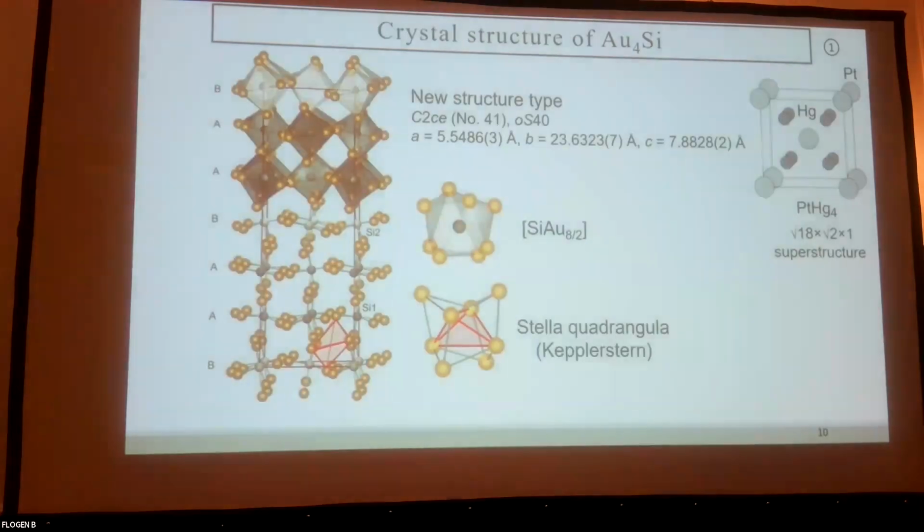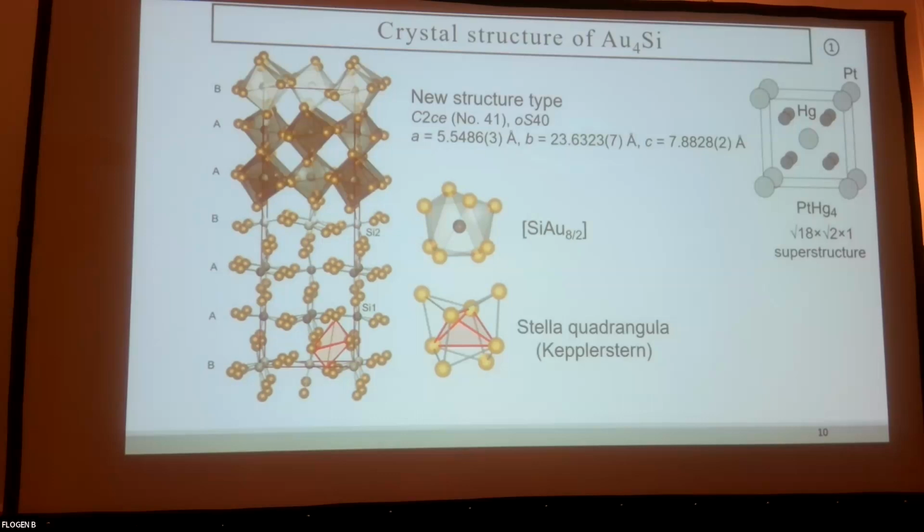And this simple pattern would resemble the platinum mercury 4 type, but what we get in fact is a new structure type that is the superstructure of this type, and one of the axes is 3-fold. And 3 times, I'm sorry, it is 3 times as well.